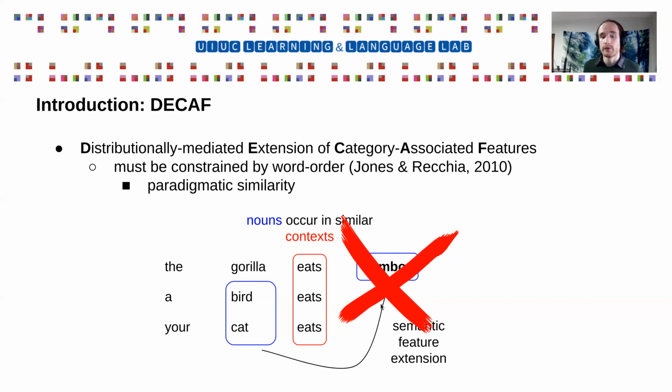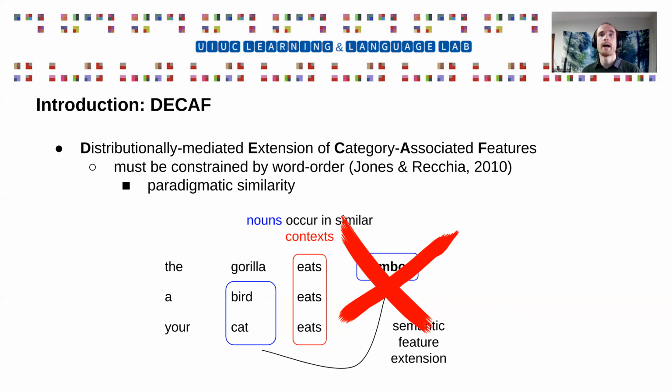What this really means is that you should have a model that learns paradigmatic similarity. That is, it should assign high similarity to word pairs that occur in similar contexts, but not in the same sentence or as part of the same event.